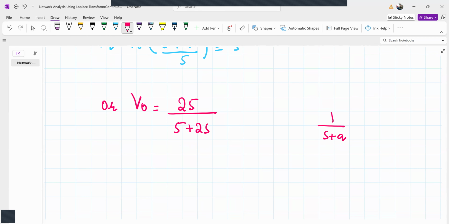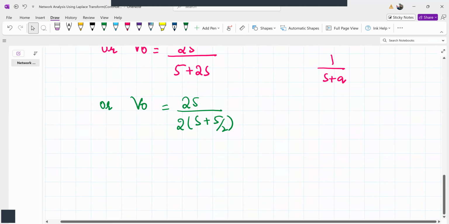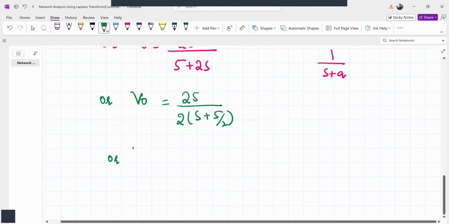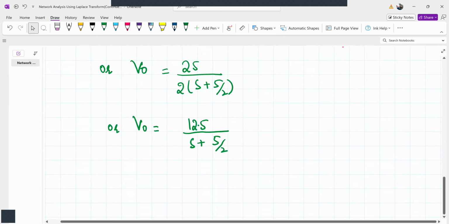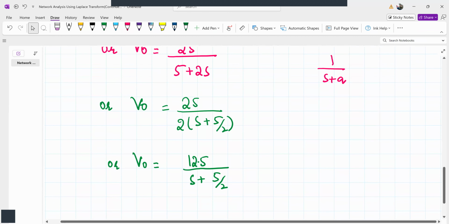So V0 is equal to 25. If I take 2 common, it will be 2 into (s plus 5/2). So V0 is equal to 25 divided by 2, which is 12.5, divided by (s plus 5/2). Now it's in this form.